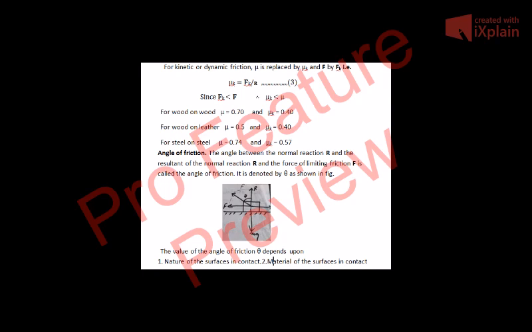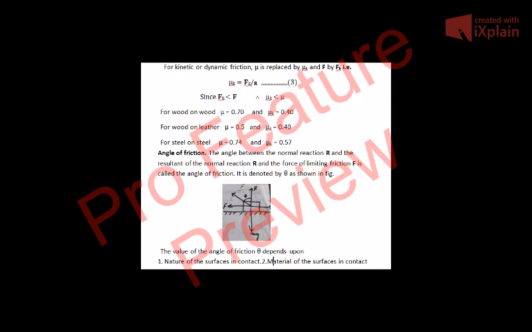It is again a ratio of the force of kinetic friction to the normal reaction. As you know, the force of kinetic friction is less than the force of limiting friction, that is mu k is less than mu.